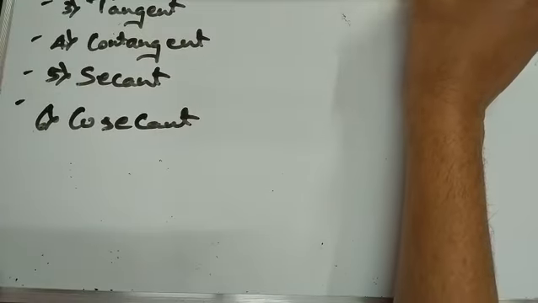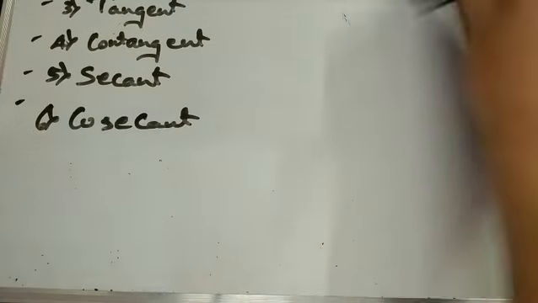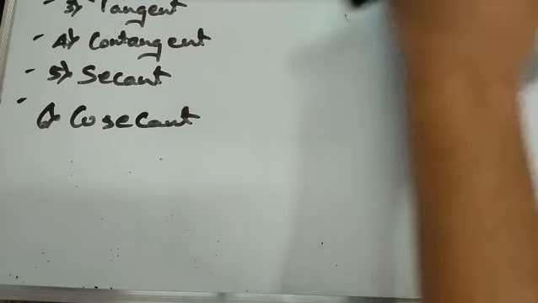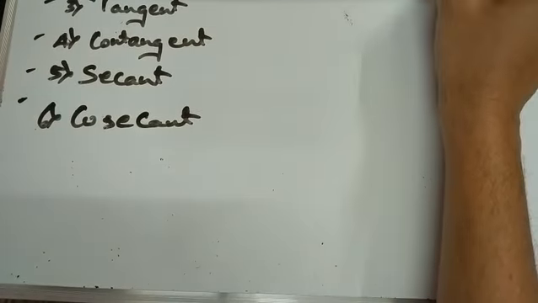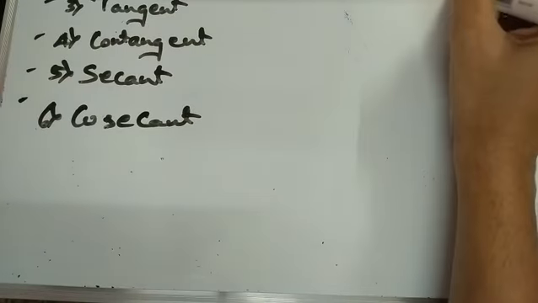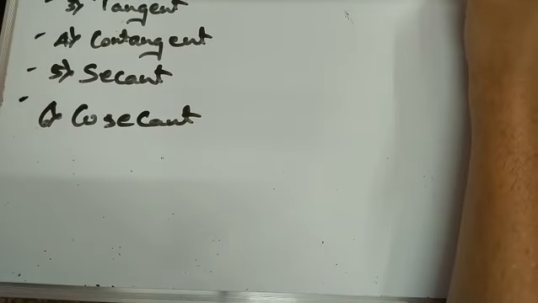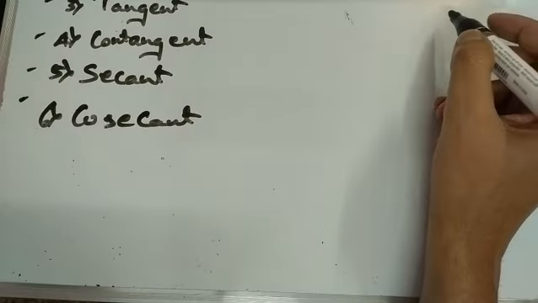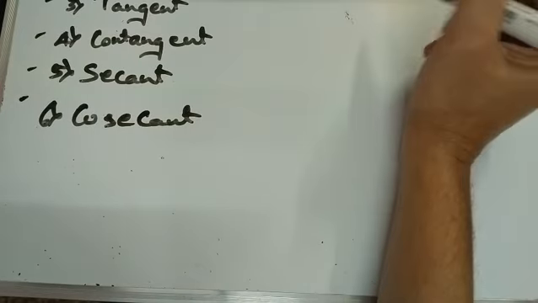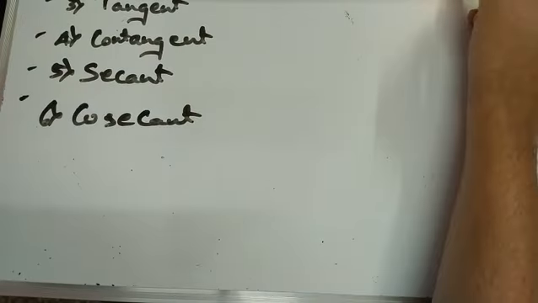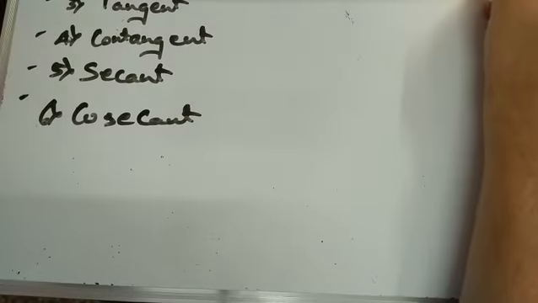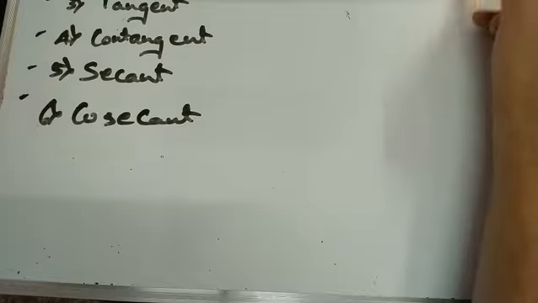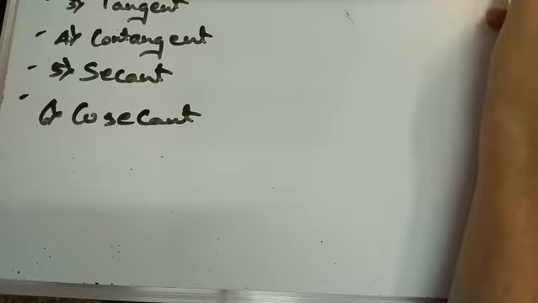Consider this right angle triangle ABC, and I will treat this as one angle. The side opposite to the angle is called opposite, acronymed as OPP.